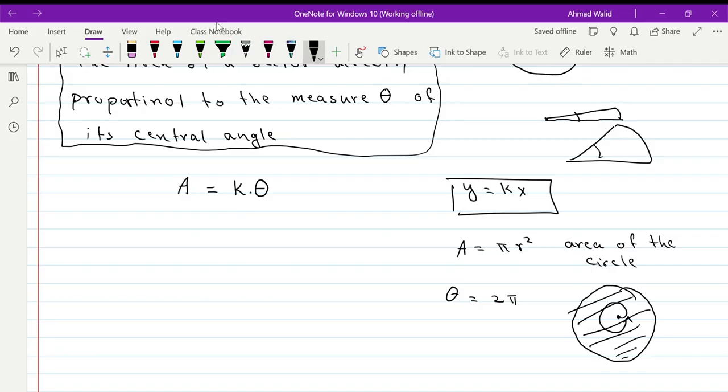Let's replace A and theta with its values, and let's name this one equation number 1. Then I can say pi r squared equals k times 2 pi instead of theta. Let's solve this equation for k. It means divide both sides by 2 pi.